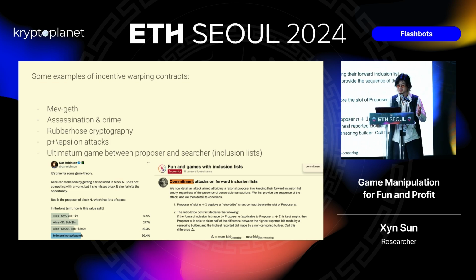So Alice is obviously either a trading firm or an MEV researcher that is super sophisticated in doing symbolic stuff. But if she misses block N, she forfeits the opportunity. And then Bob is the proposer of block N, which has a lot of space. Now, in the long run, how is this value split? If you're familiar with game theory or incentive warping or game manipulation, then you would immediately recognize this is essentially an example of the ultimatum game.